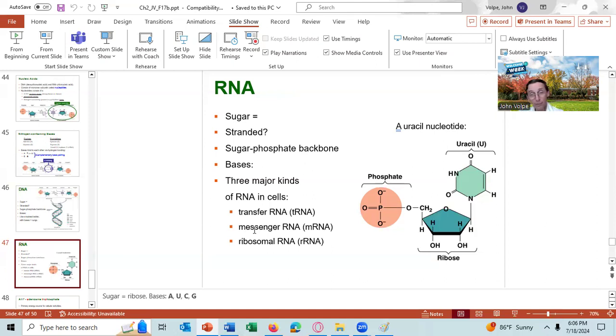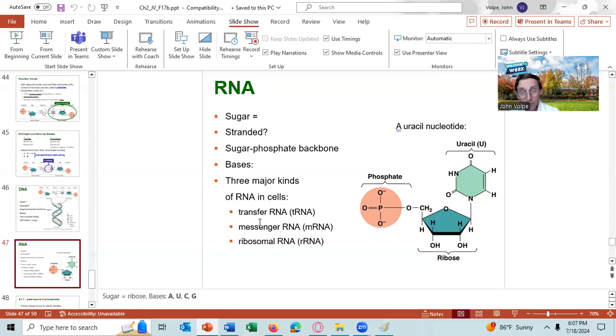Here's a question for you. Actually, there's two questions for you. The first question is, let's see if I get it right. How does a cell know to make tRNA? Well, no, let me back up a minute. What's the difference between tRNA, messenger RNA, and rRNA?